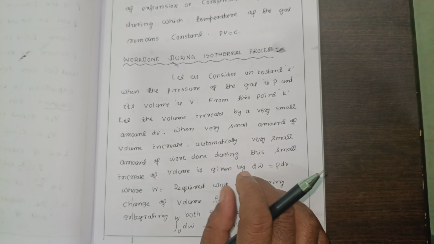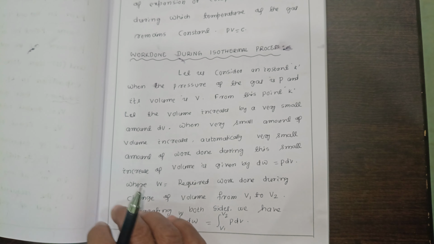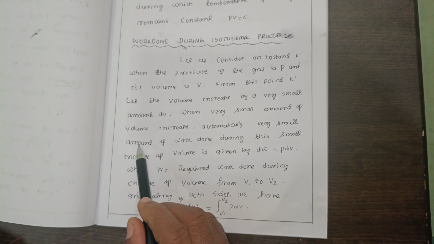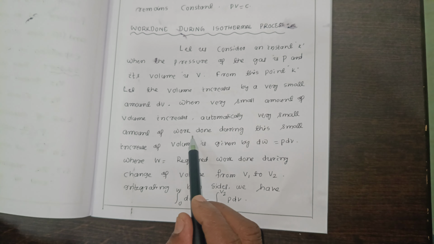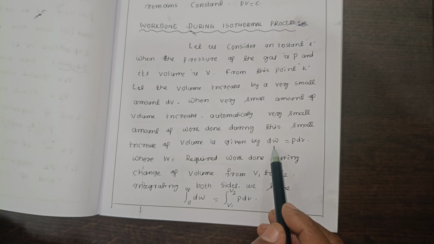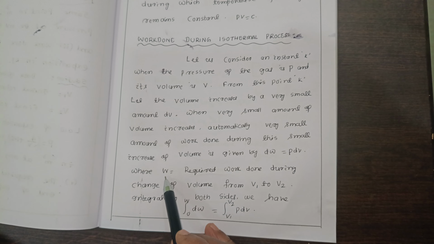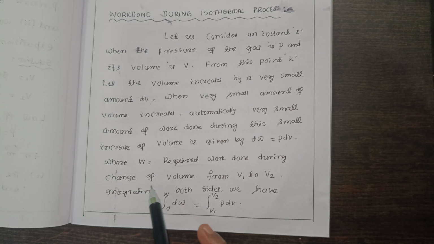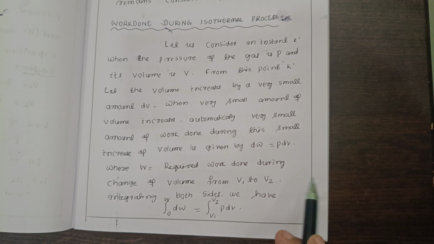Therefore, since a very small amount of volume increases, the very small amount of work done during this small increase of volume is given by dW is equal to PdV, where W is equal to required work done during change of volume from V1 to V2.